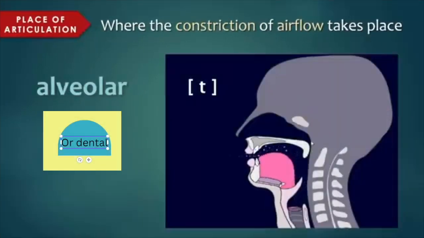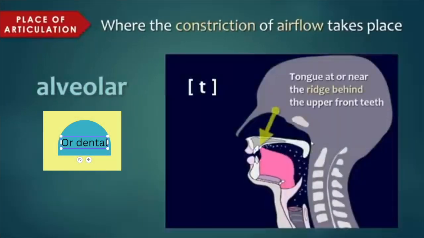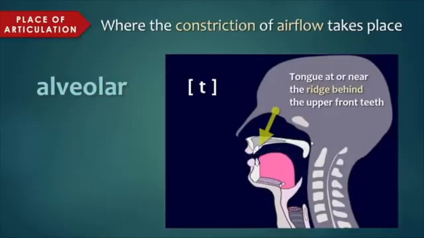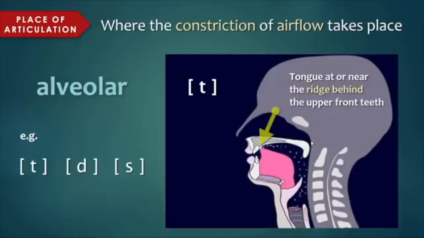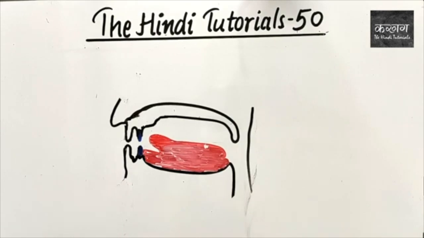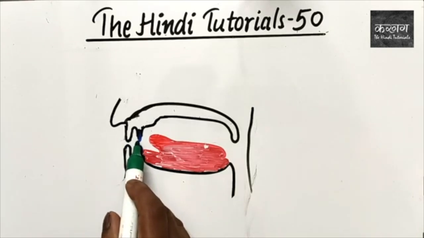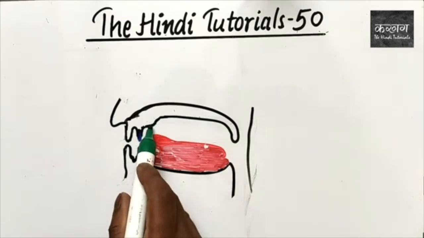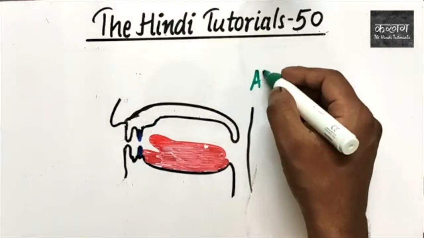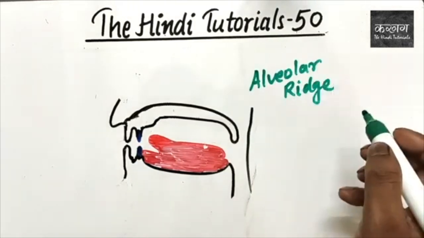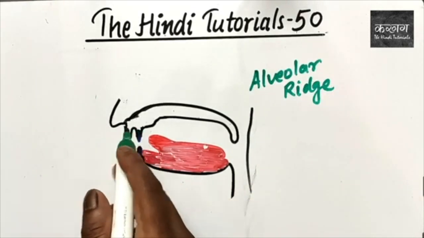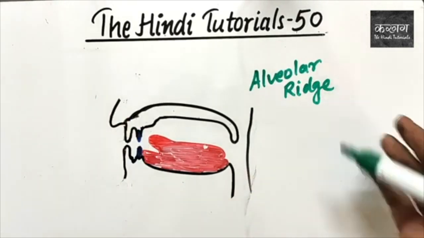Alveolar sounds are produced with the tongue at or near the ridge right behind the upper front teeth, such as t, d, s. If we have a look at the inside of our mouth, we can see, starting from front to behind, these are the lips, these blue ones are the teeth. Then here is something called alveolar ridge. Put your tongue here and you can feel the alveolar ridge, right?